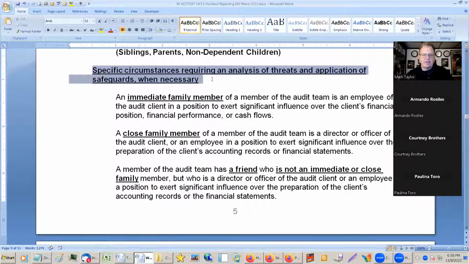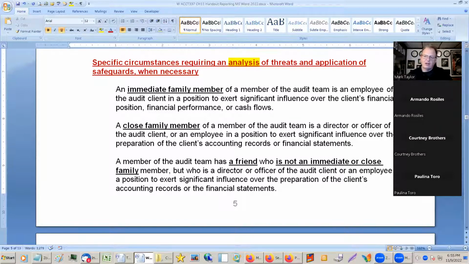Specific circumstances requiring an analysis of threats and application of safeguards if necessary. So again, when they say analysis, this isn't just a throwaway term. You actually have to document your analysis of whether these are threats to independence, and if they are, what you did to mitigate those, or that you decided they were just too big and you couldn't overcome them with safeguards.